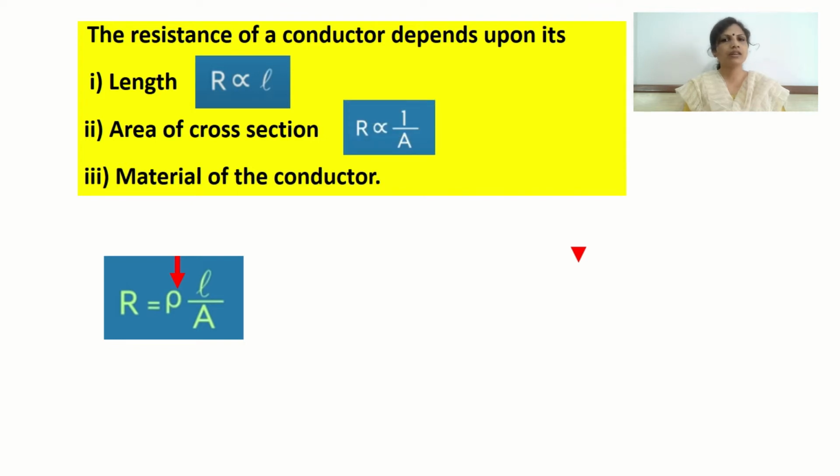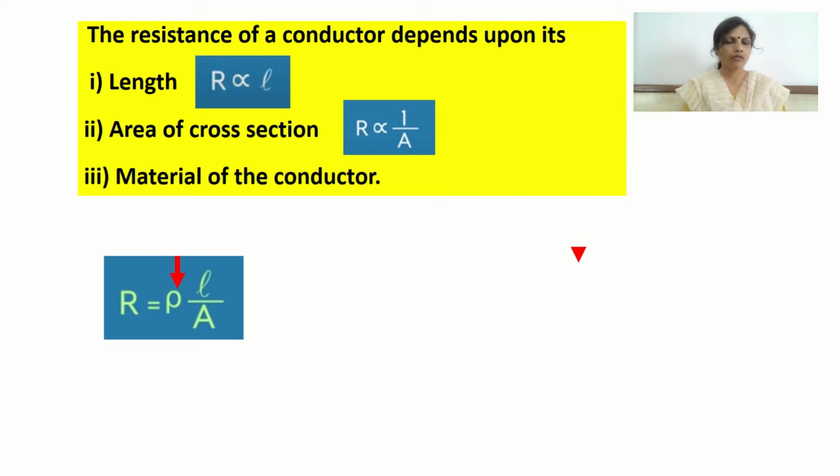Resistance is inversely proportional to area of cross section. As you increase the area of cross section, the resistance of that conductor decreases. The third factor is the material of the conductor. So the resistance of the conductor changes according to the material which we have used.